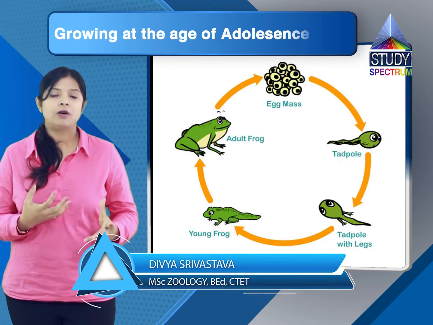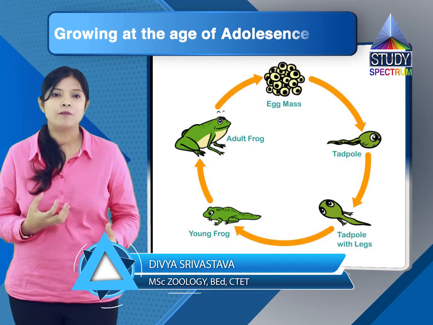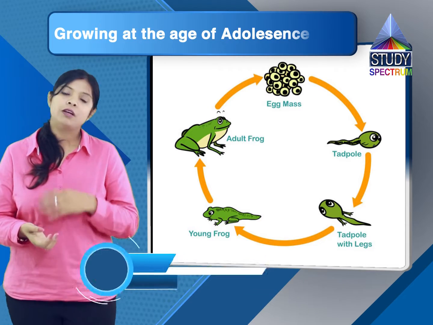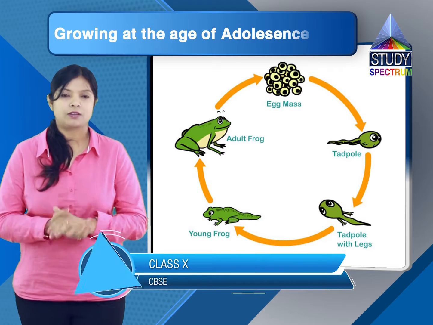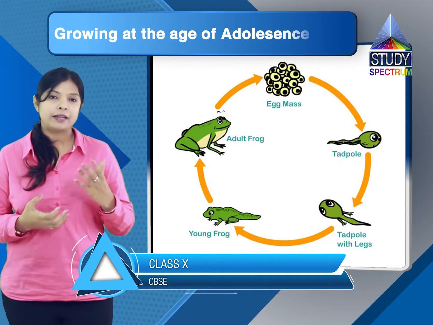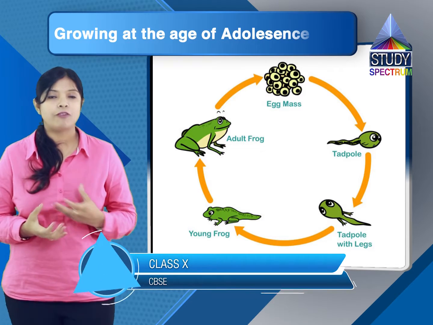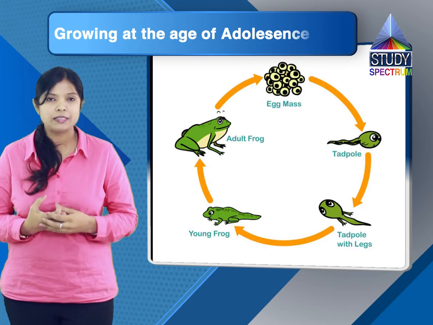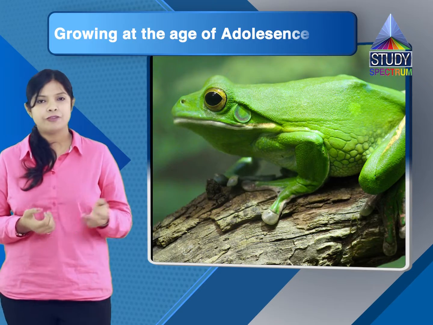So it was all about the role of hormones in the life cycle of silkworms, frogs and insects. So students, here we have discussed the role of hormones in human beings, insects and frogs.